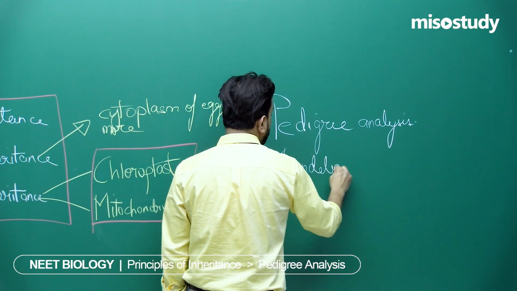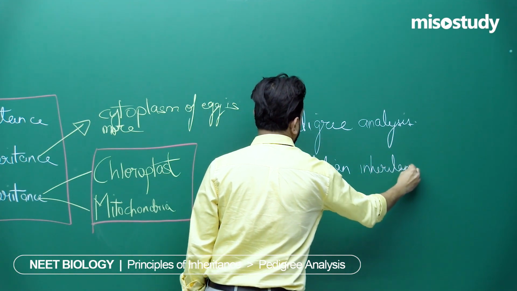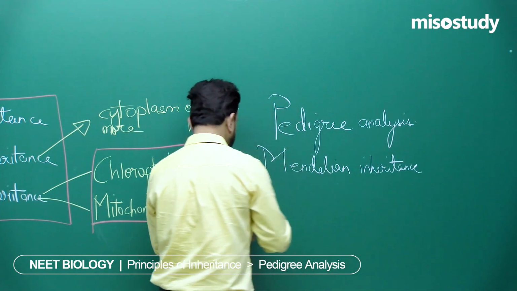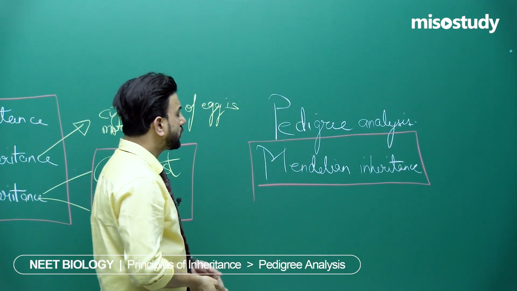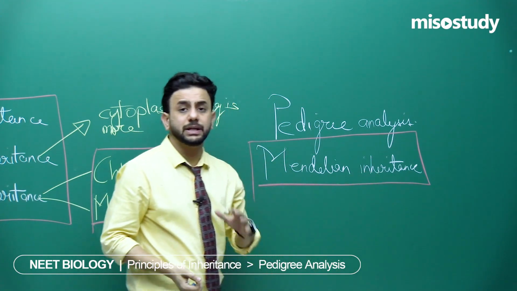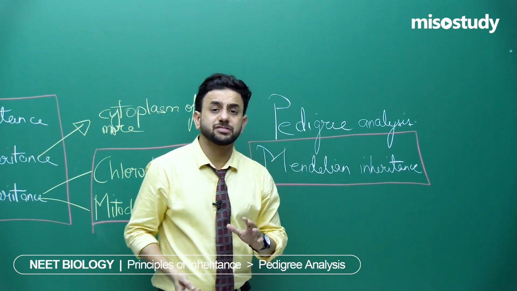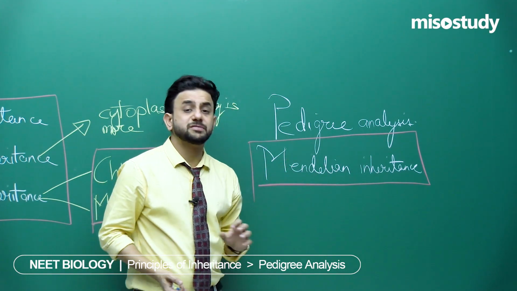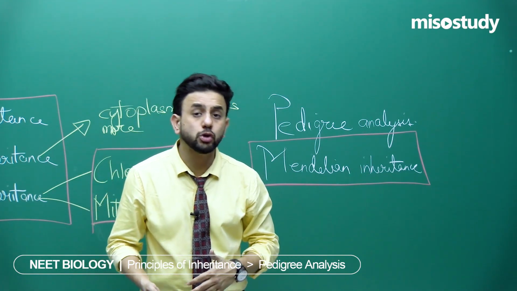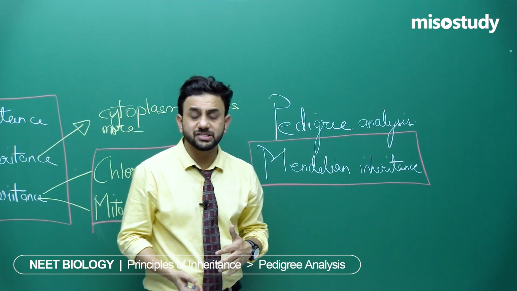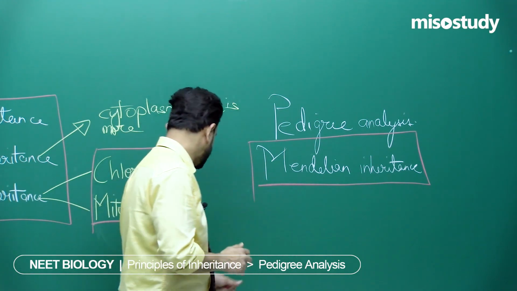So what we see in the Mendelian inheritance is that the pedigree analysis is basically used to describe the inheritance and study the human inheritance, and what are the reasons we have discussed, but we have not written it down, which we will see in this session.